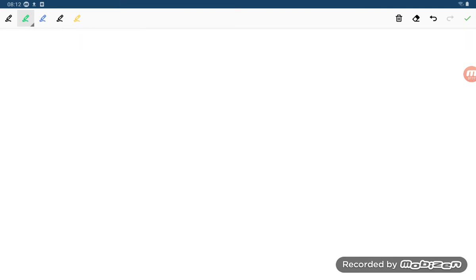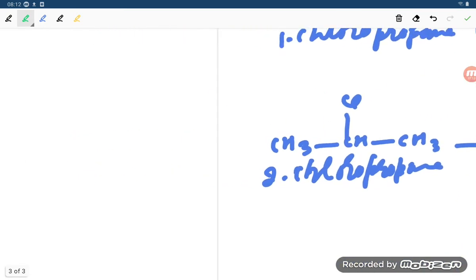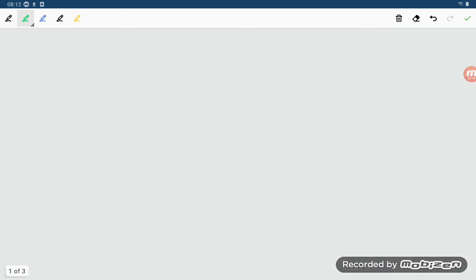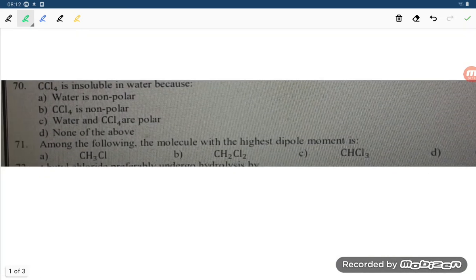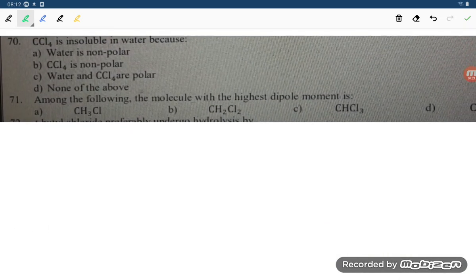Now let us move to another problem, student. Problem number 70: CCl4 is insoluble in water because water is polar and CCl4 is non-polar.